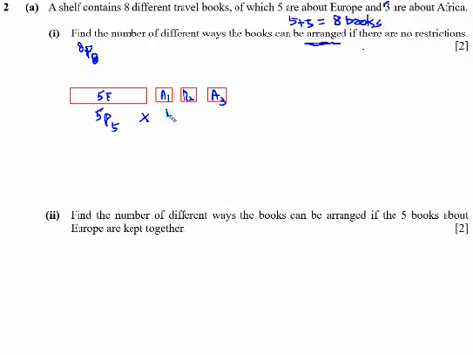So it's basically 4P4. That is arranging these 4 blocks. Okay, 5P5 comes from the arrangement within this single block of the 5 books about Europe. So that's it.